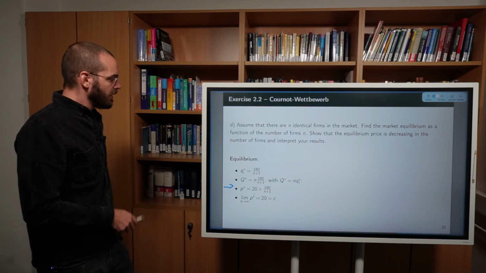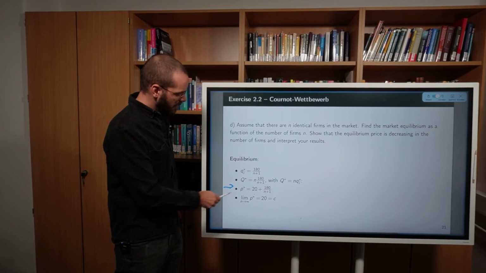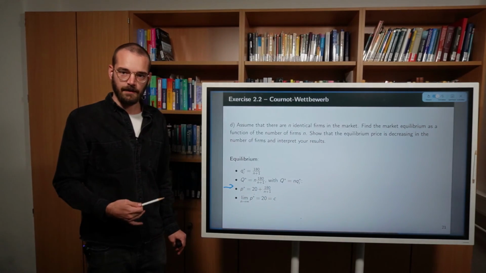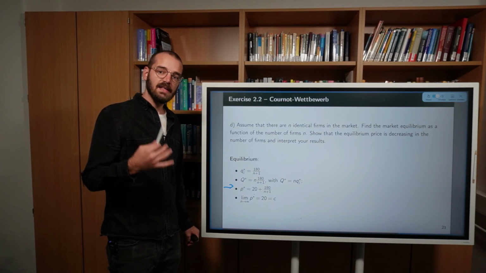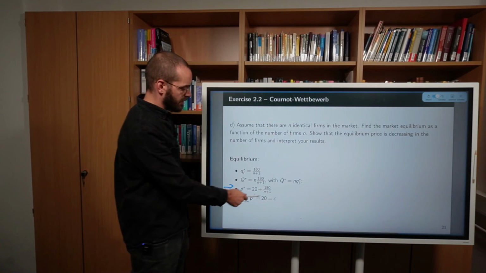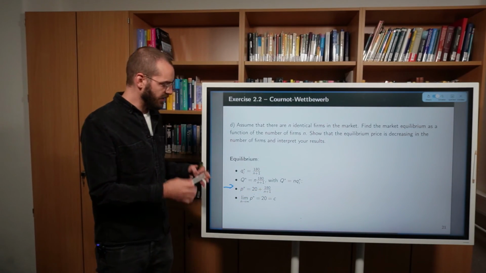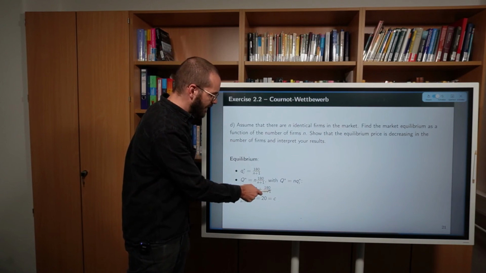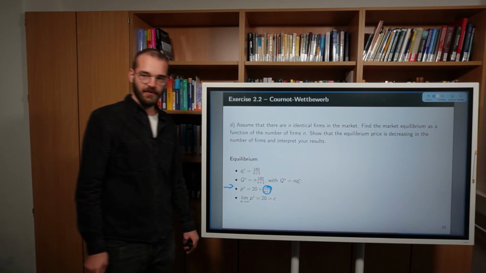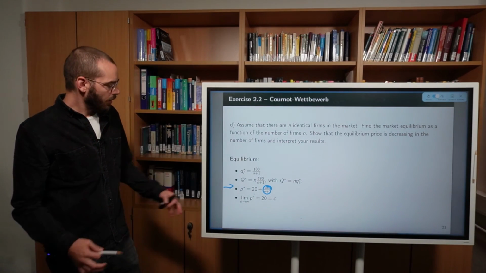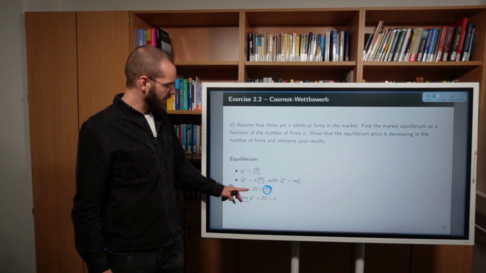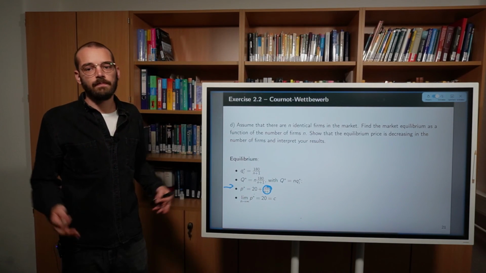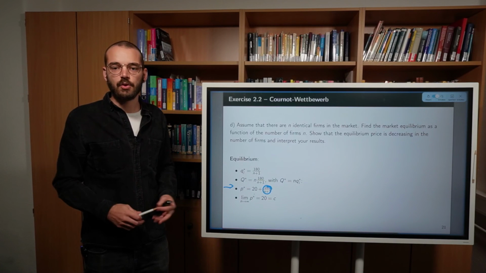Because what is happening to the equilibrium price as n increases to infinity? Well, n is in the denominator, in the lower part of this fraction, so if this part goes to infinity, then of course this whole fraction goes towards 0. So all that's left for the price then is 20. 20 plus something that is going towards 0 is in the limit 20.